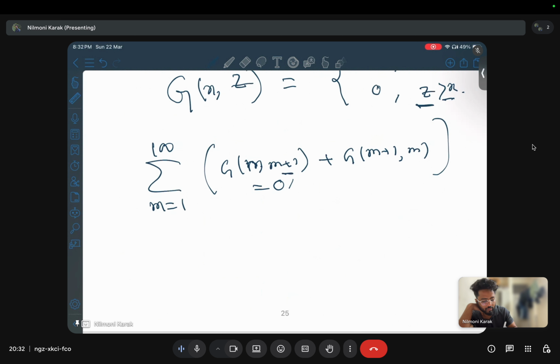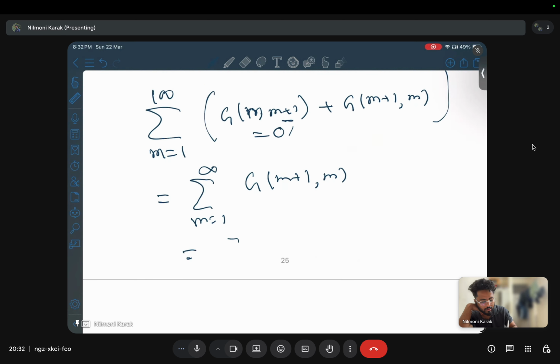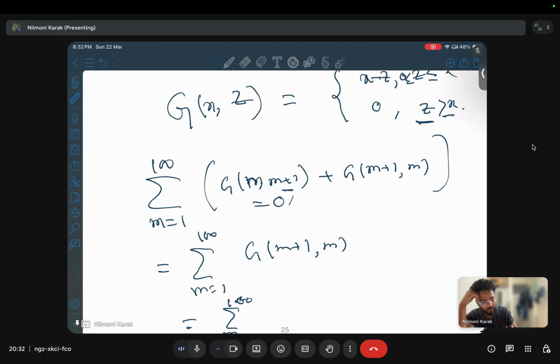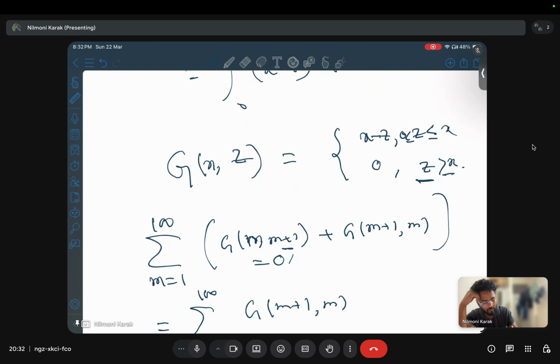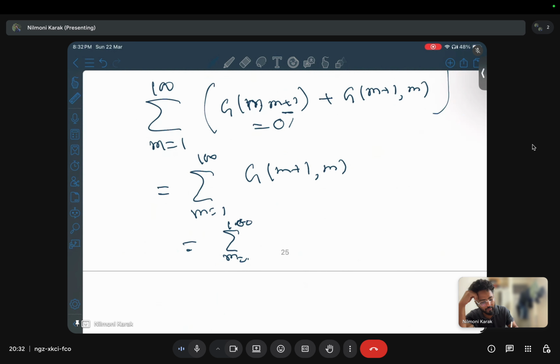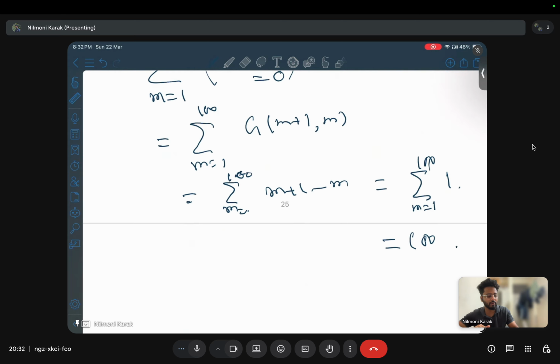So this is the sum from m equals 1 to 100 of g(m plus 1, m), and this is x minus z, so m plus 1 minus m, which is 1. The sum from m equals 1 to 100 of 1 is 100. Okay, so the answer is 100.